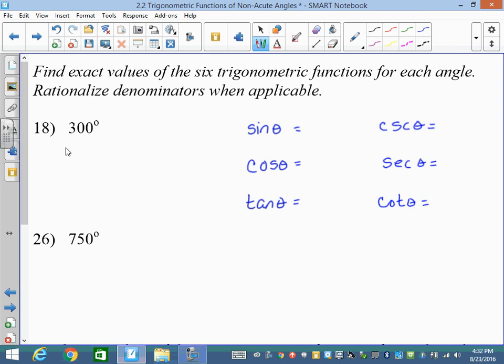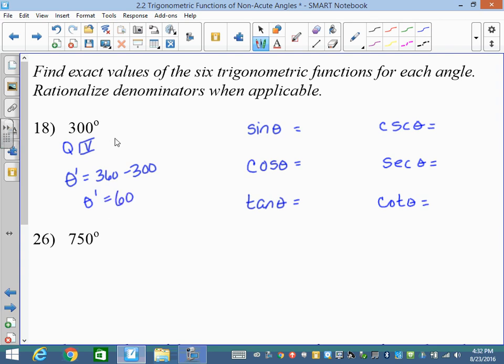So 300 degrees, this is quadrant 4. So to get my reference angle would be 360 minus 300. So theta prime equals 60.